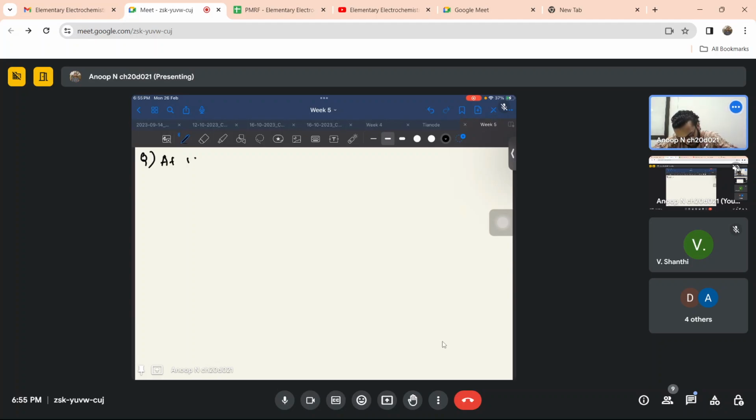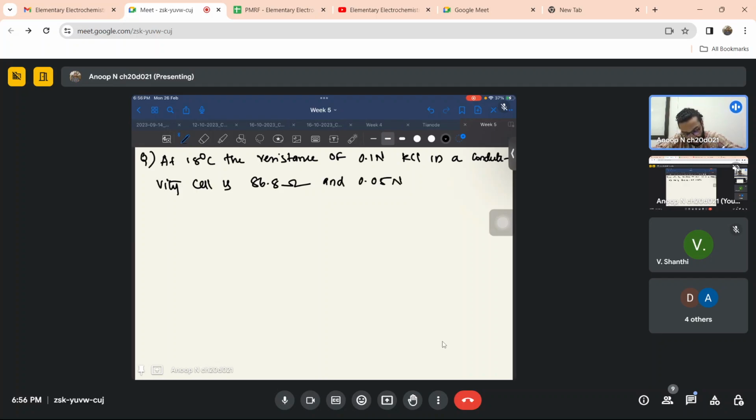At 18 degrees centigrade, the resistance of 0.1 normal KCl in a conductivity cell is 86.8 ohm and 0.05 normal NaCl is 203 ohm.